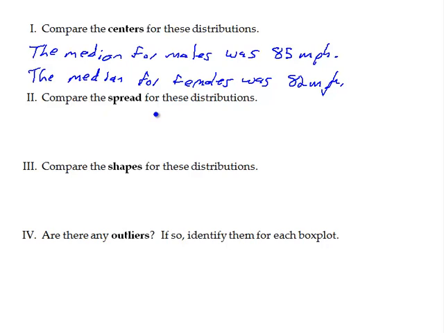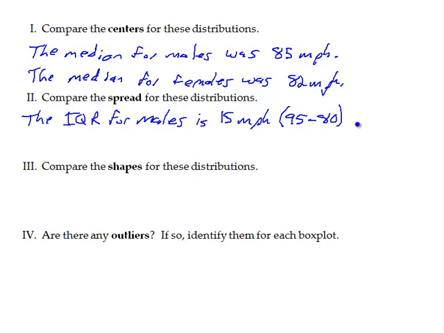For the spread, how the numbers are spread out, there are two that we can determine from the box plot. We can talk about the IQR, which is Q3 minus Q1. The IQR for males is 15 miles per hour, and this is coming from Q3 95 minus Q1 80, and that gives us 15 miles an hour.